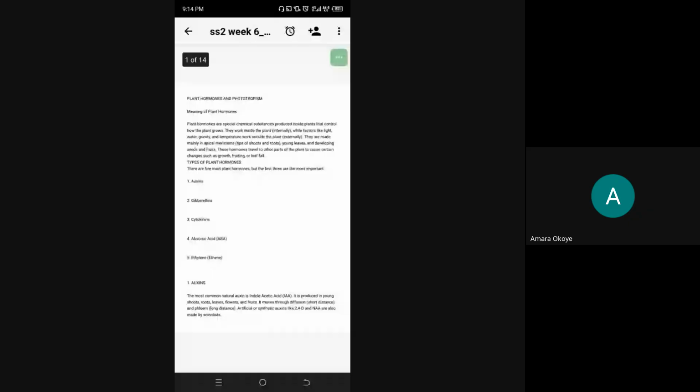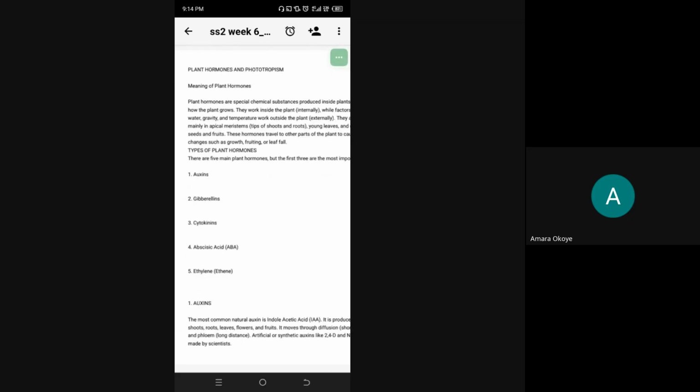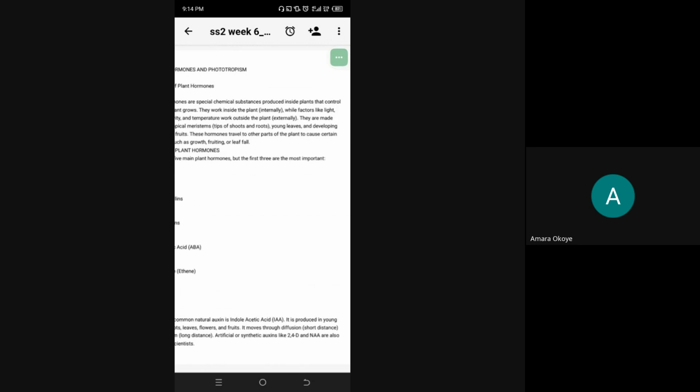Now, plant hormones and phototropism. That's the first thing we're looking at. So, meaning of plant hormones. Plant hormones are special chemical substances produced inside plants that control how the plants grow. They work inside the plants internally, while factors like light, water, gravity, and temperature work outside the plants externally.